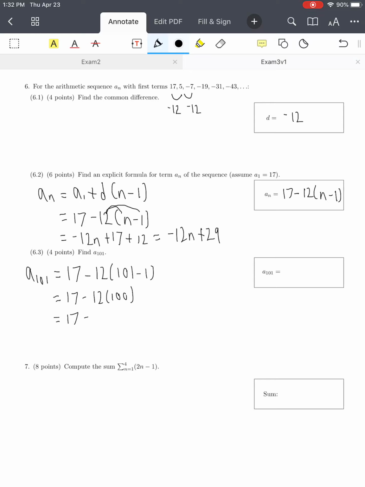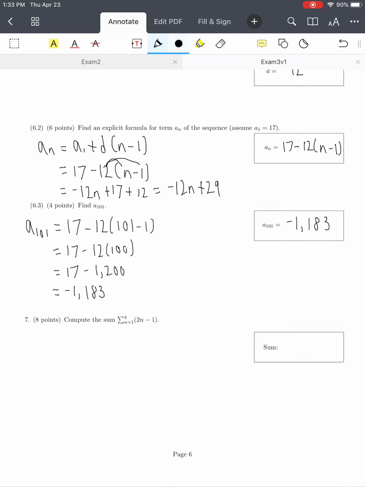That's 17 minus 1,200, which is negative 1,183. Let me double check. Yeah, there we go. So negative 1,183 is the 101st term. Technically you could go from the original sequence and subtract 12 101 times until you get to that term, but doing it with the formula is much easier and is actually doable in the time allowed.